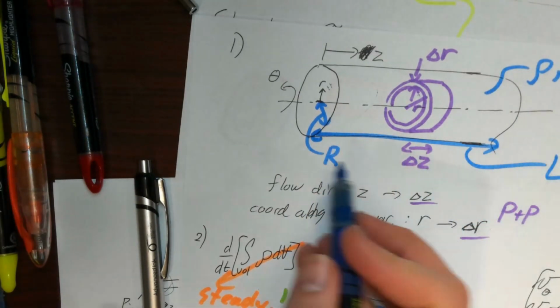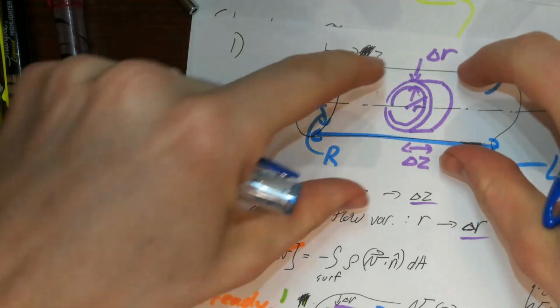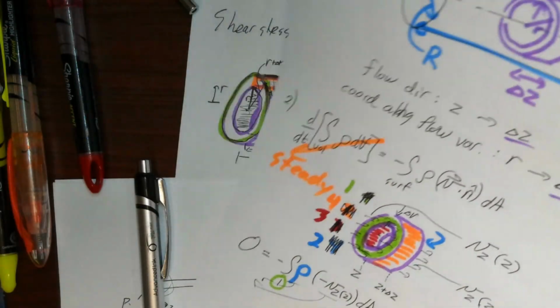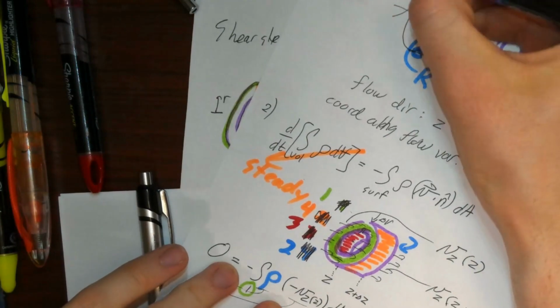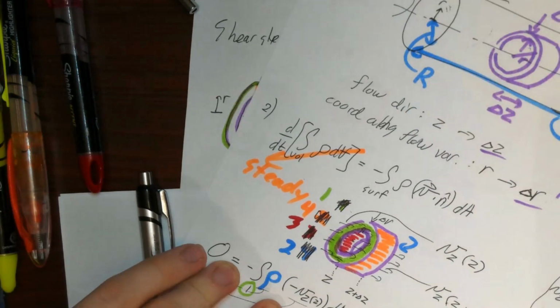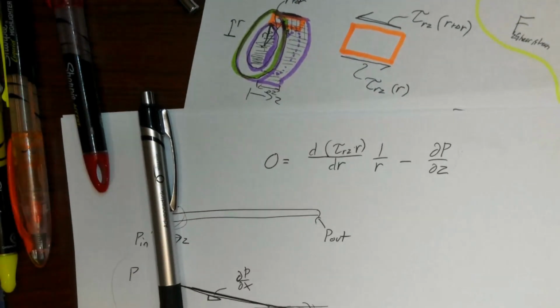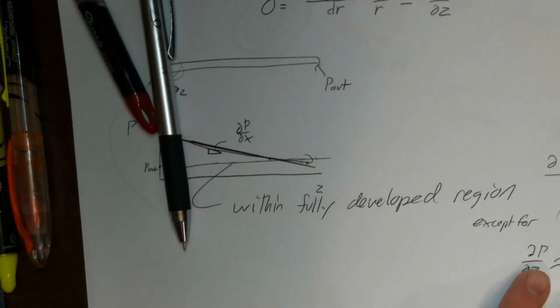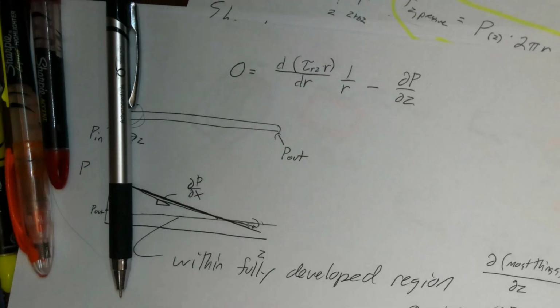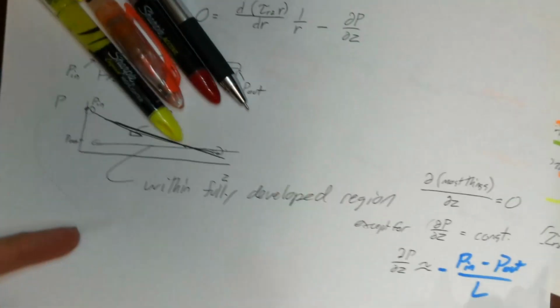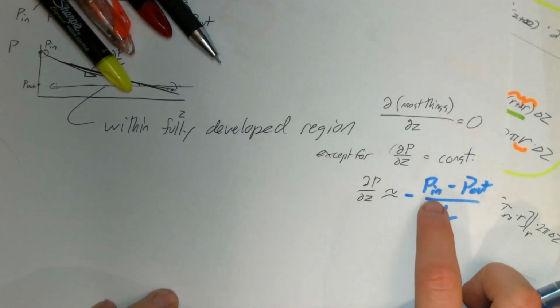If the length of this whole tube were L, and it were indeed much longer than this section that I drew here, if I had some pressure at the inlet and pressure at the outlet, the pressure gradient, i.e. dp dz within this tube, would be minus p in minus p out over L.